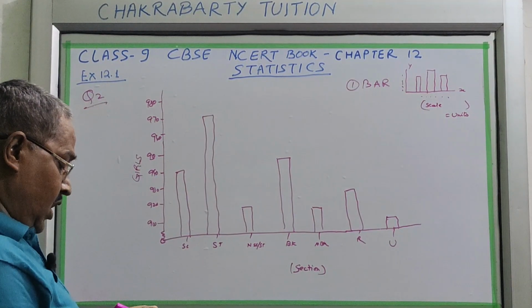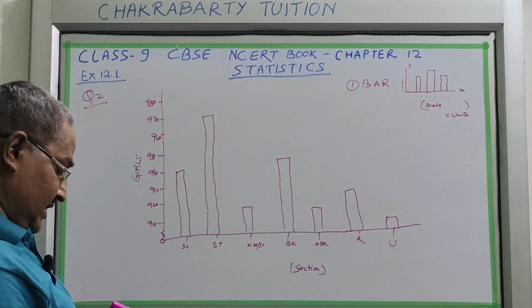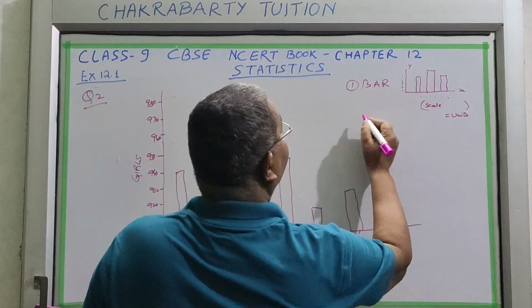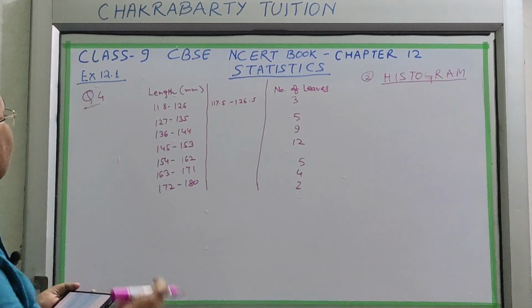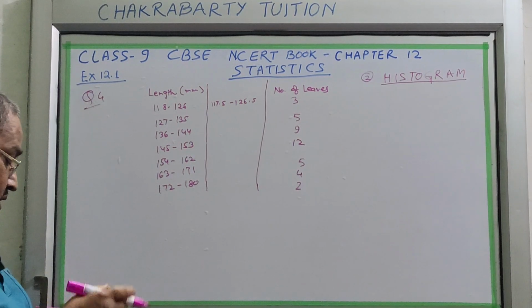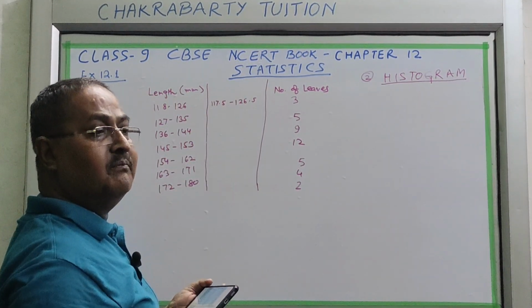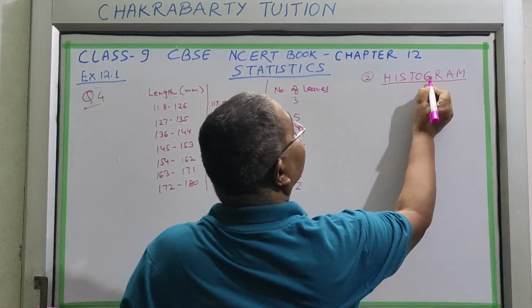Now we will go to question number 4, where we will learn the second type of graph. In this you have to make a histogram. The first question was of a bar graph, this is of a histogram. There is not much difference.